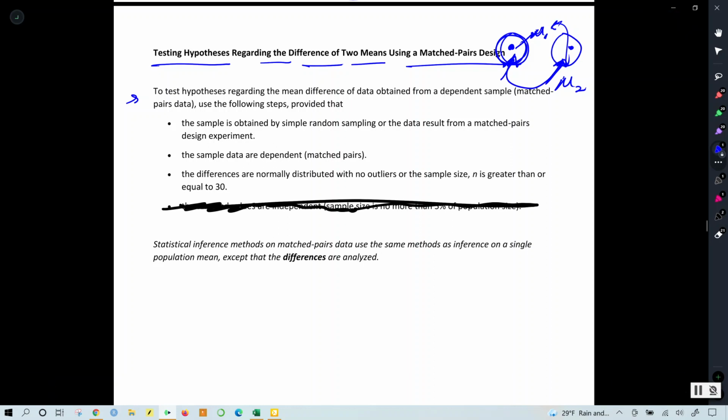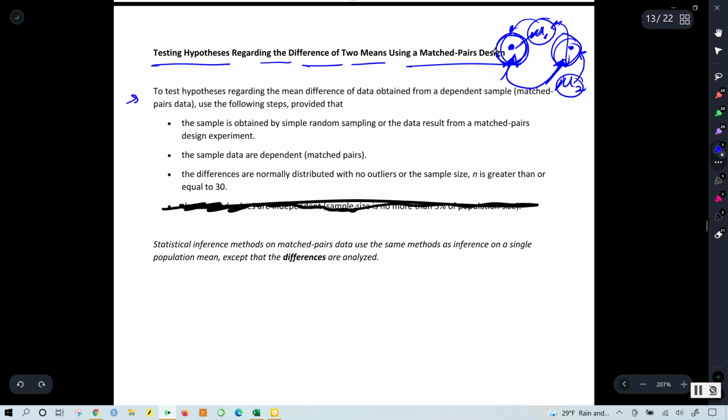In what kind of scenario might this be useful? Let us say that we hypothesize or guesstimate that sisters are usually more intelligent than brothers. So it means I'm interested in comparing the average performance of a brother to the average performance of the respective sister.